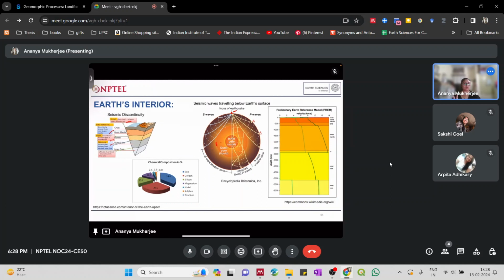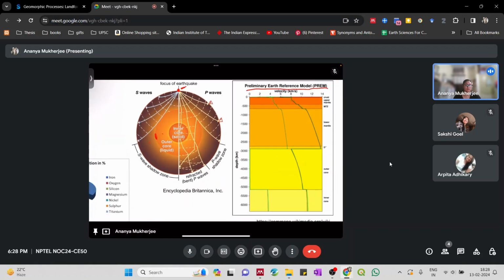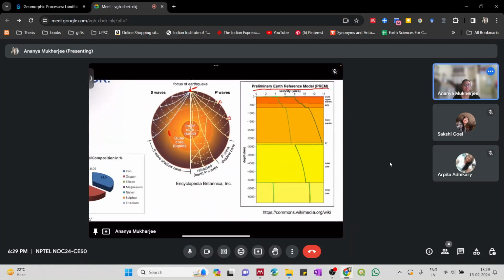Then a model was generated. Okay, in this model, the plot is of velocity against depth. As the depth is increasing, this is your core and this is your crust.